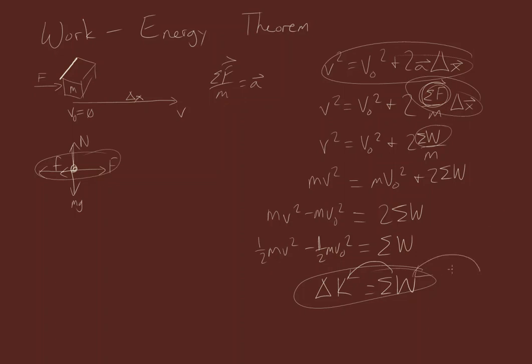So energy is coming in from your system and going into the box system to give it kinetic energy. So we could even say that work or net work is a transfer of energy from one system to another.